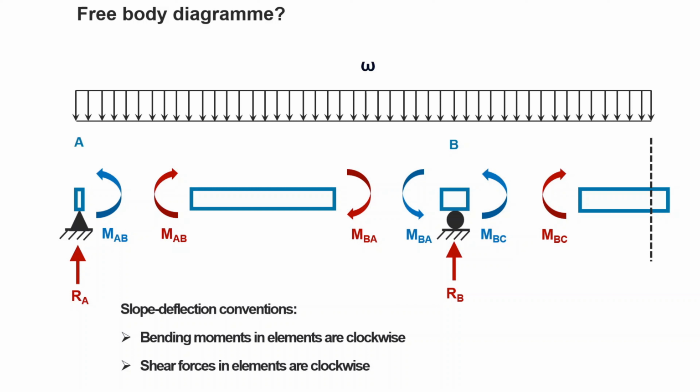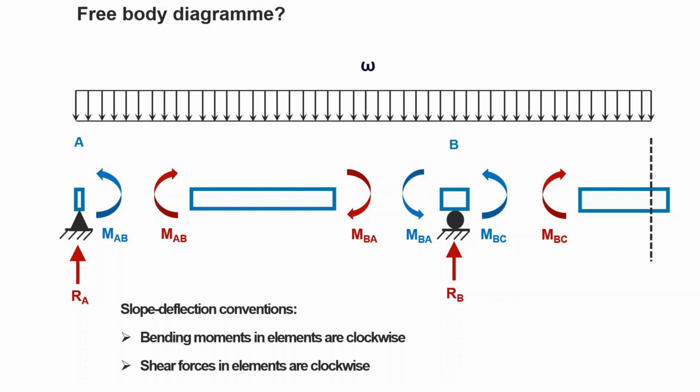So the blue moments are counterclockwise, but their symbol is like the adjacent moment. Like when we have MAB, we have MAB blue at the left, which is the exact MAB, but counterclockwise on the support, just to comply with the equilibrium equation at the place of cut.